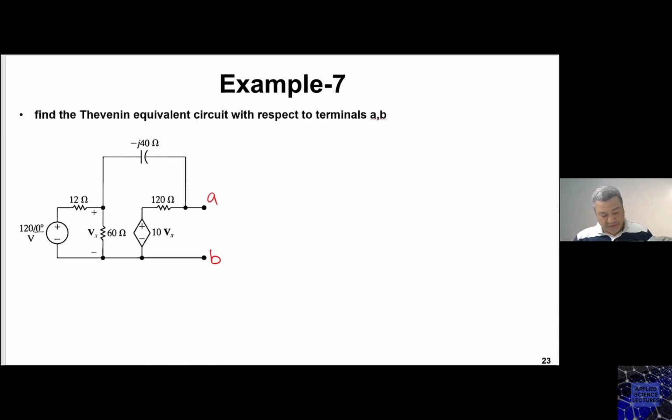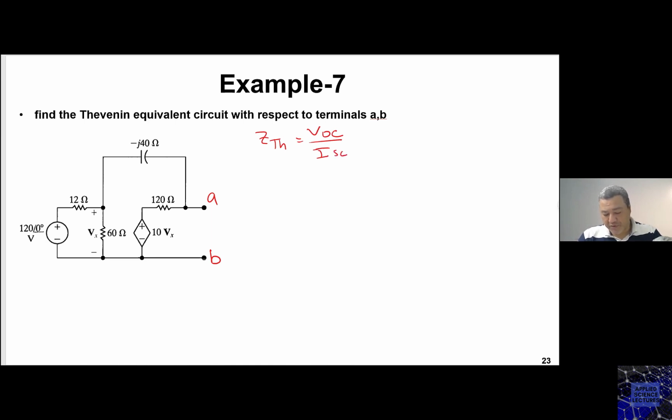Find the Thevenin equivalent circuit for this circuit. Remember, this circuit has dependent and independent sources. So you have two options. Either find the V open circuit, I short circuit, and then Z Thevenin as V open circuit divided by I short circuit, and both are phasors, right?